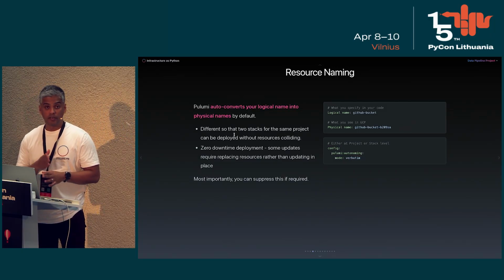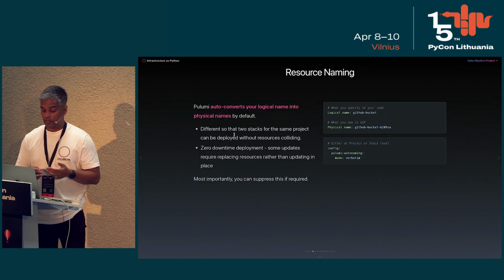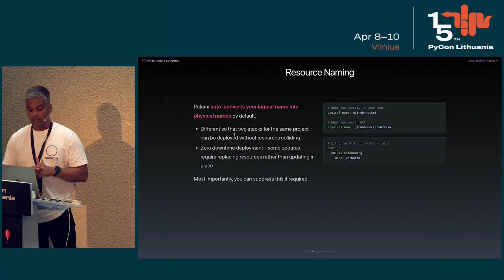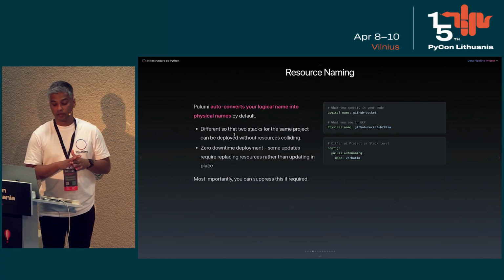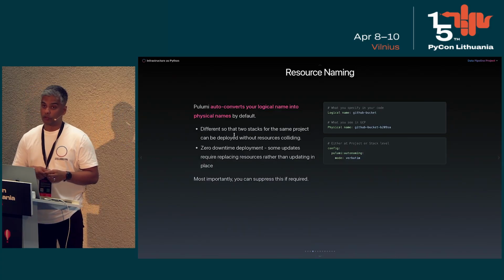The reason Pulumi does this is twofold. One is so that the same Pulumi project could, for example, be deployed in the same GCP project, and you can avoid namespace collision. The other is zero downtime deployment. Some resources will require that a resource is torn down before a change is made.